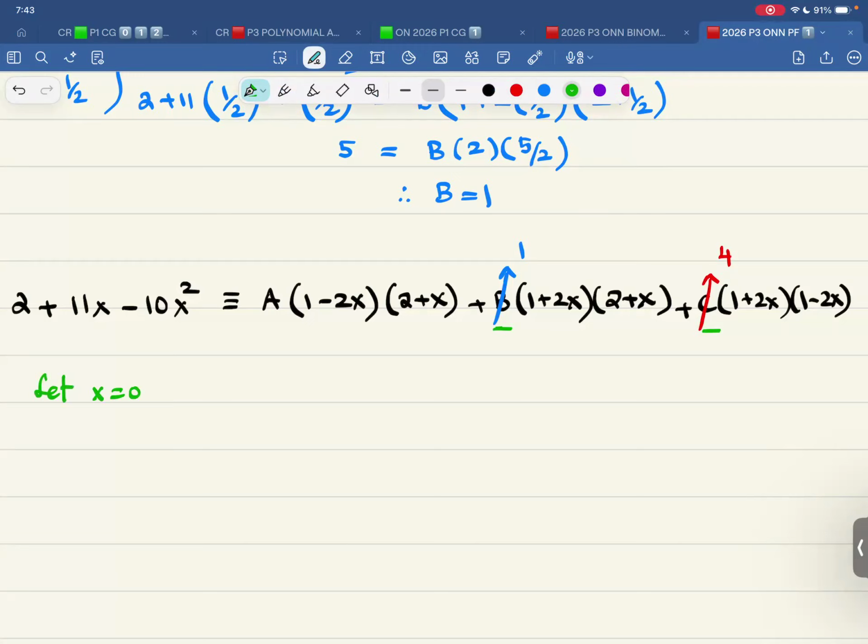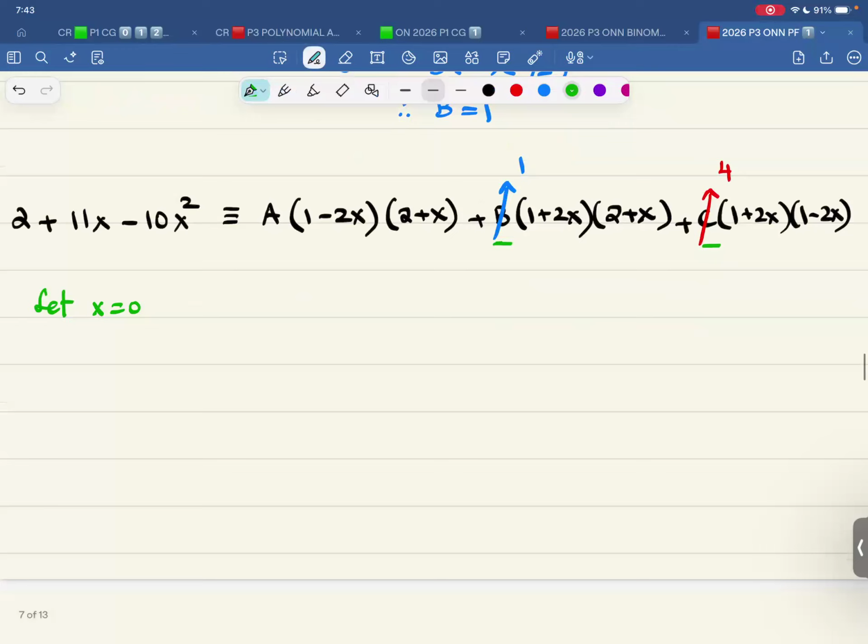Let x is equals to 0. So if x is equals to 0, I have 2. This is equal to, it's no more identical, it's equal to, this is a into 1 into 2, b is 1 into 1 into 2, c is 4 into 1 into 1. So therefore 2 is equals to 2a.